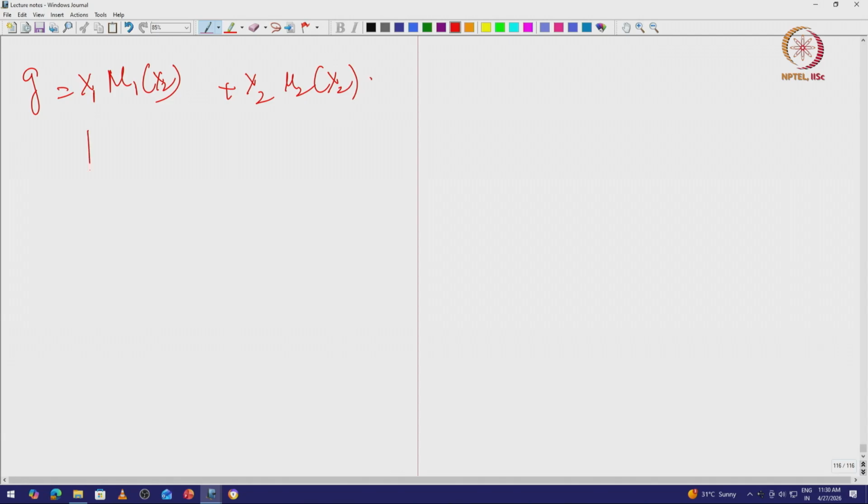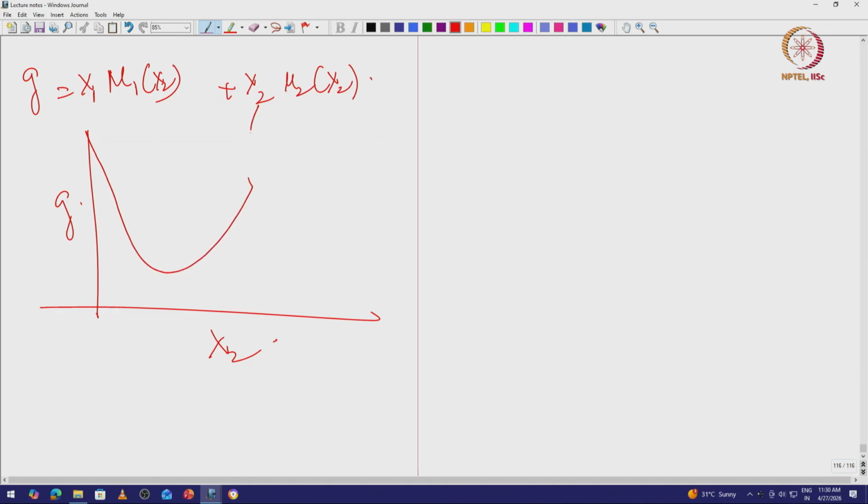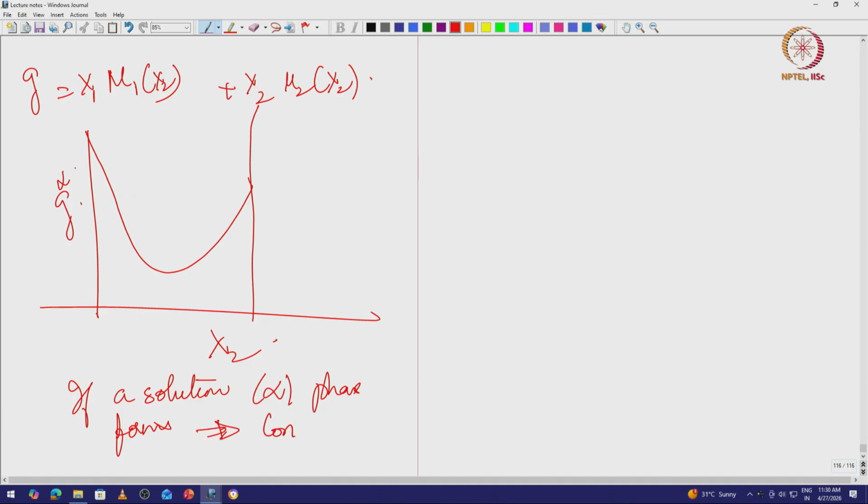Turns out if I plot this g as a function of x2, so if a solution in the alpha phase forms, this is G in alpha phase, one of the phases, as a function of x2. These curves look concave down, so these are sort of functions that look like this.